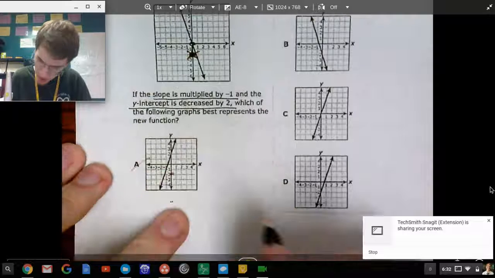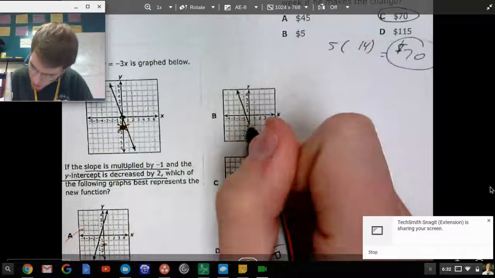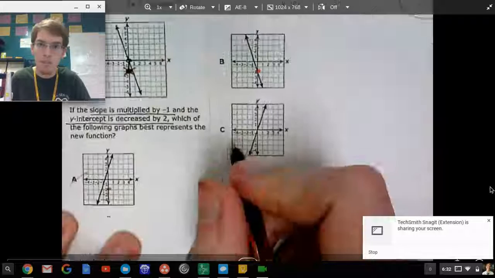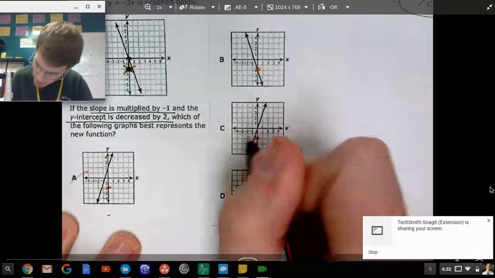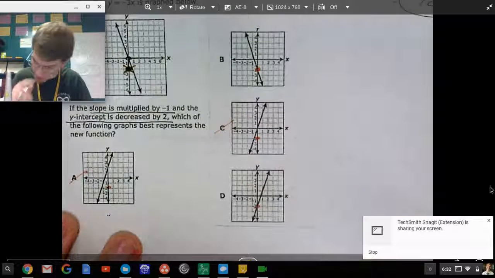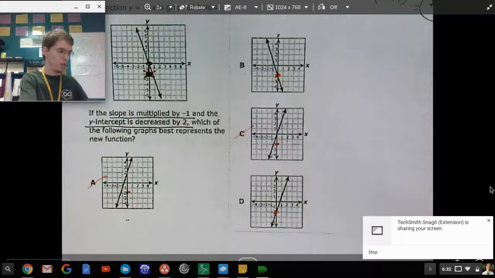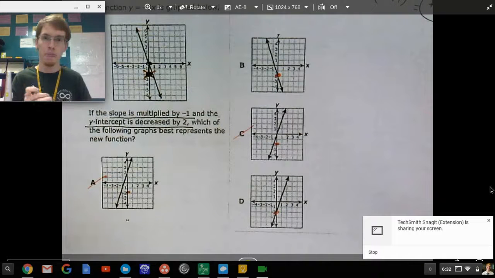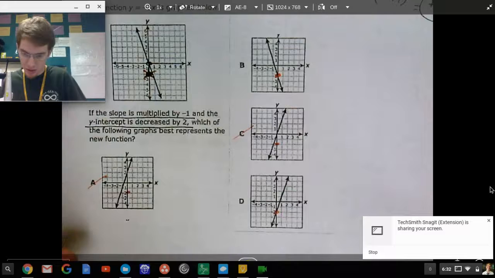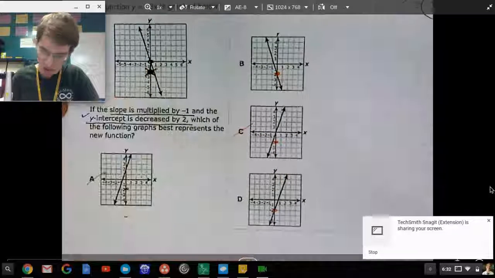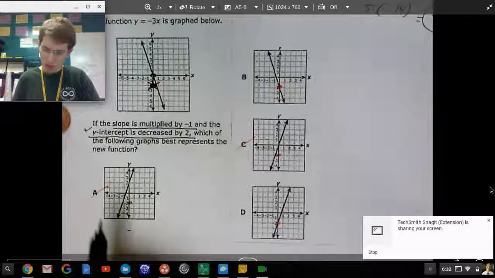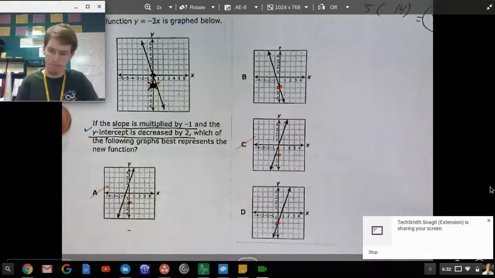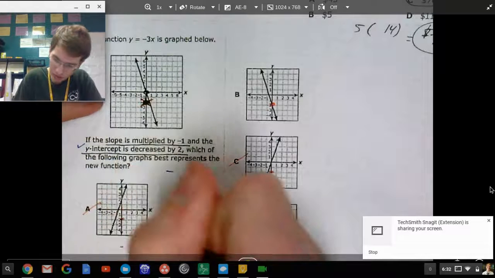So not A, possibly B, definitely not C, possibly D. Okay, just like usual, we have a 50-50 split here. So all we did, we took care of the y-intercept, right? The slope is multiplied by -1. Well, I'm going to go back to my chart here.